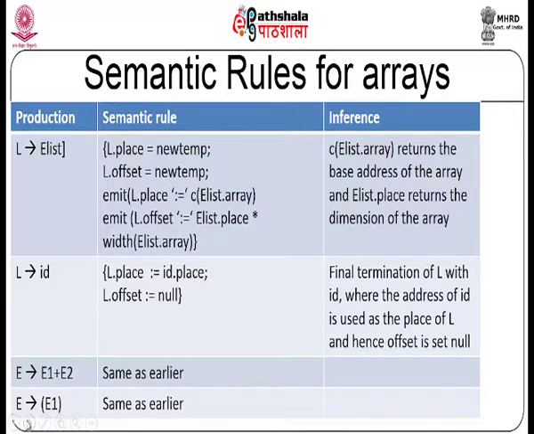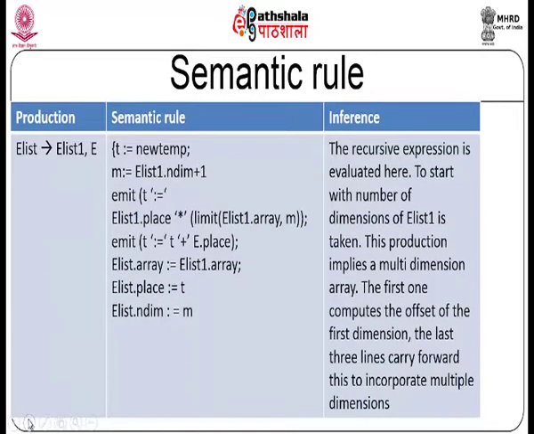Okay, so the next, this is a core thing where we are incrementing the number of dimensions also. So when I encounter a comma, I am going to say the number of dimensions is going to be incremented by 1. So what I do here is I create a new temporary variable first, and then I say m is equal to the dimension of this plus 1.